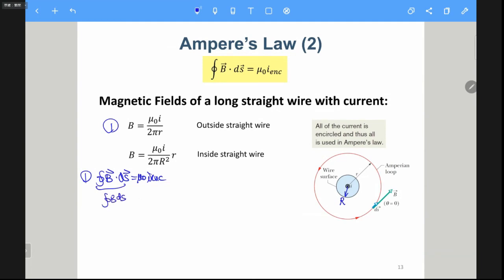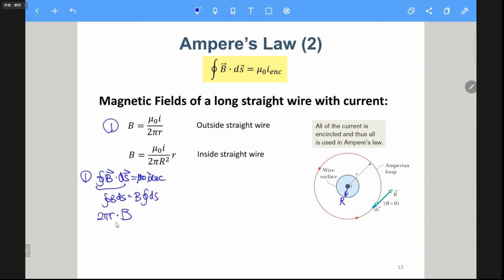B ds. And we also assume that B is uniform over the whole circle because the distance is the same from the center to any point on this loop. So B is a constant, and we have B times the integration of ds. ds is the circumference of the circle, which is 2 pi r.